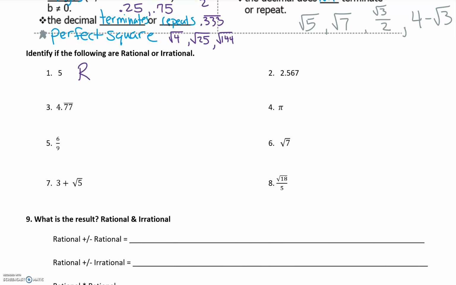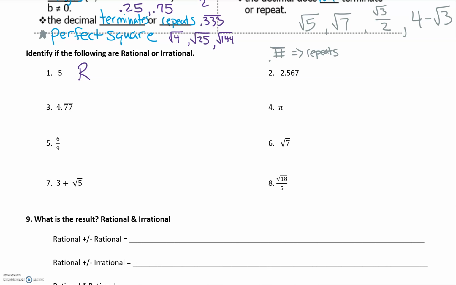You need to make sure you look at it. If it has the little bar written across it, that means it repeats, and if it has the dot, dot, dot at the end, it means it continues on forever. So you need to write those two things down. If you have some kind of number and a line over it, this means repeats.